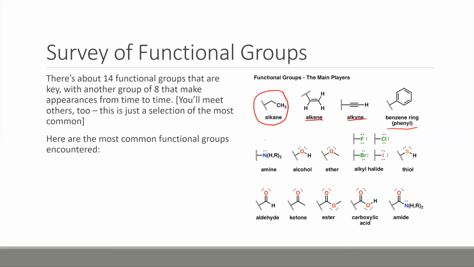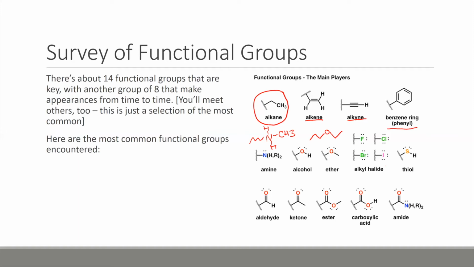So something like this is an amine, and the squiggly line next to it means that it's just connected to an alkane chain in some way. An alcohol is an OH group. An ether is an oxygen that is sandwiched between carbons. So if you see a chain with an oxygen in between, that is an ether group.